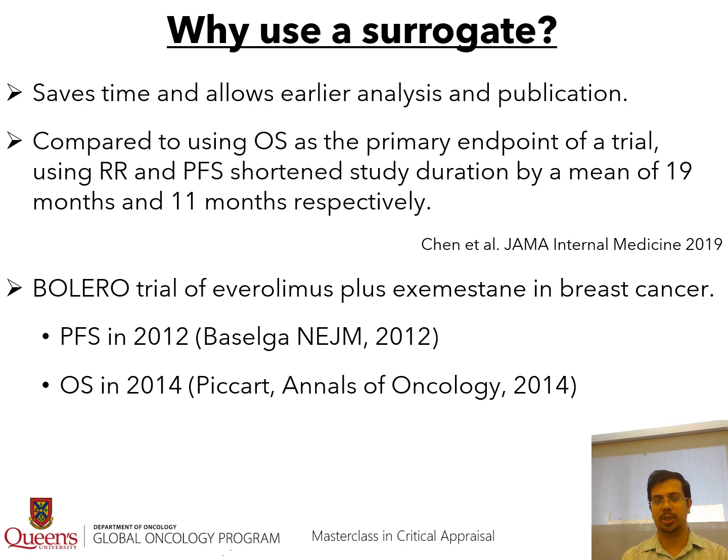If you are using PFS instead of OS, there is time saving of about a year. And if we are using response instead of OS, we are saving time by nearly 1.5 years. But it's not that big of a difference. Sometimes people think that we are saving 5 years, 6 years by using surrogate endpoints instead of overall survival. No, that's not the case. There is some time saving, of course, a year and a half, but it's not like 5 years or 6 years.